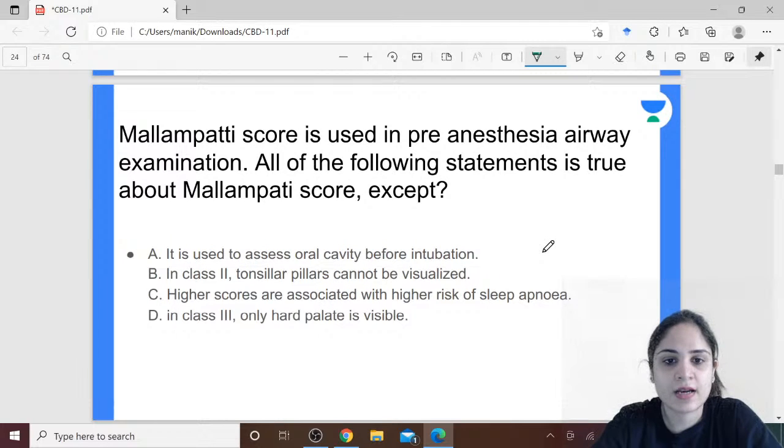Which of these are true except? So that means which is the false statement?